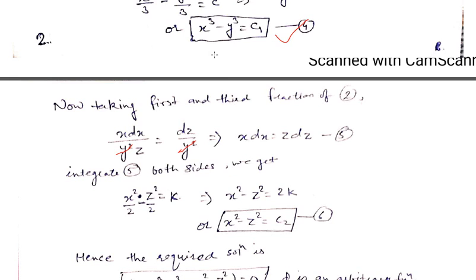The important thing is that u and v must be independent, and these are independent. Independent means one cannot be expressed in terms of another. If u can be expressed in terms of v, then they are not independent. Here x square minus z square and x cube minus y cube are independent because they cannot be expressed in the form of each other.